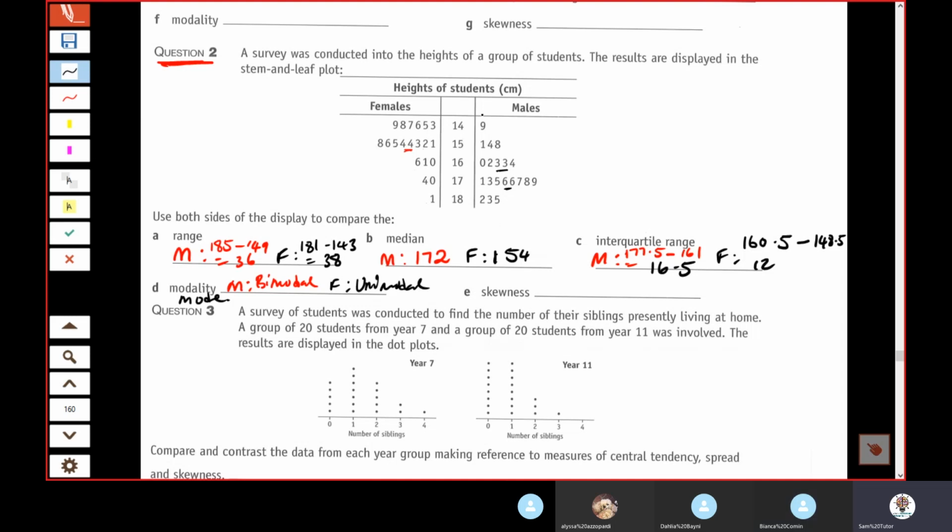Skewness. Okay, this one here. Oh, that's a really bad one. But anyways. Males, what is it going to be? Skewed to the left, skewed to the right? Left.